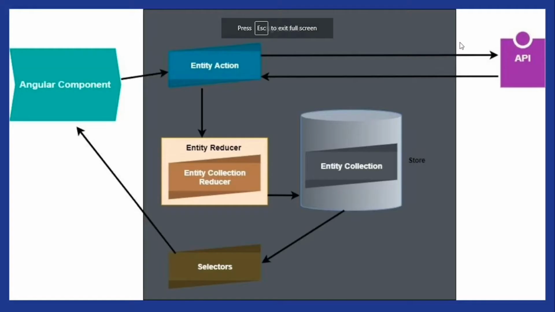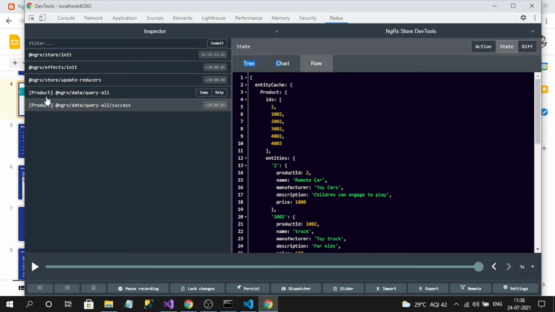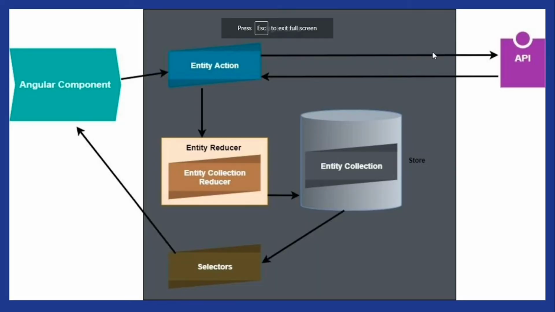Okay, what I have said, Angular component uses some of the predefined methods. So the predefined method is nothing but get all. So get all automatically calls the action method. See, that action method is nothing but the first action method, query all. The action method is going to invoke the API. So on successful return of the response, it will generate an action method like success.